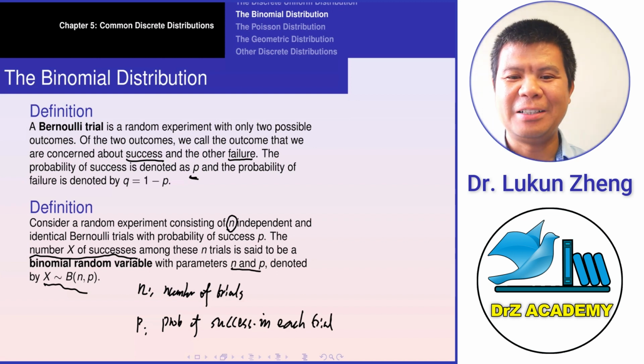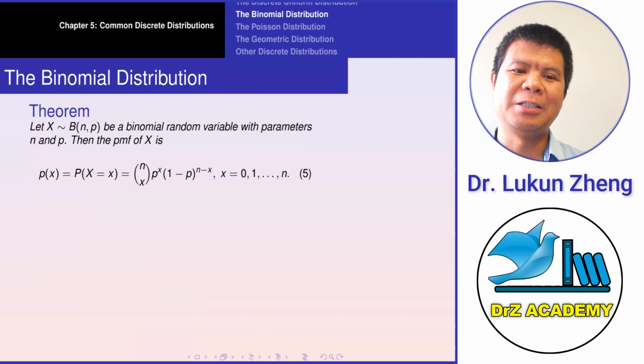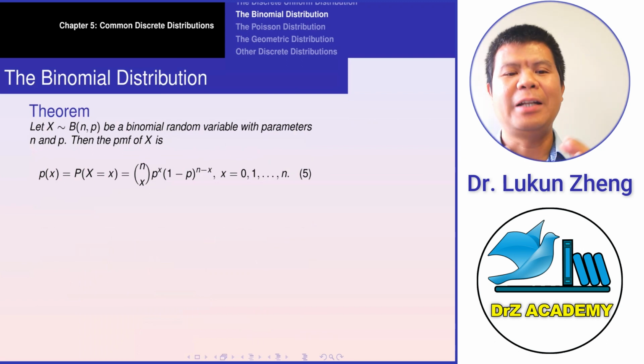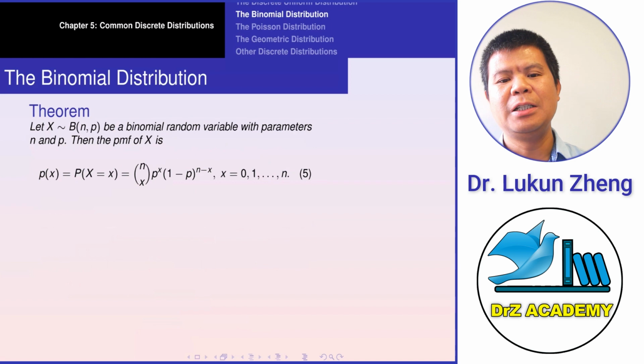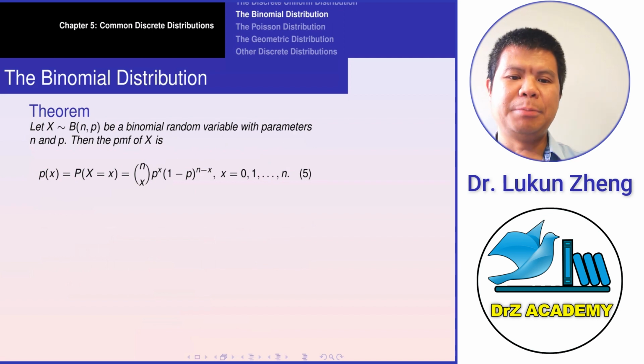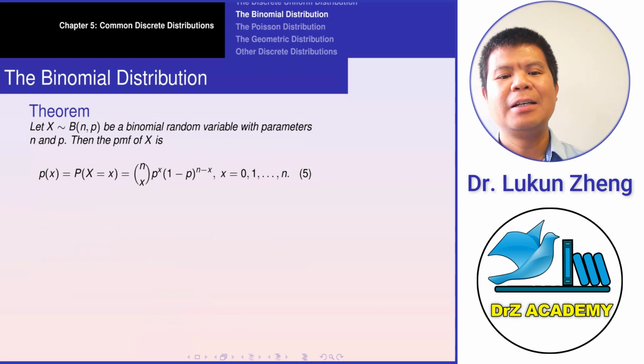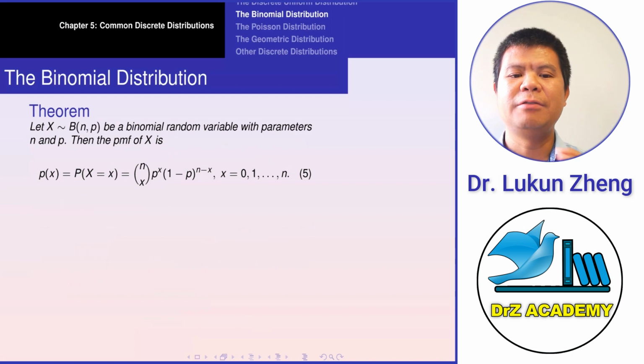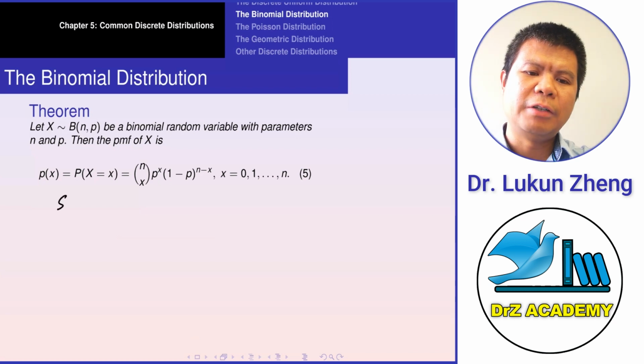Now let's consider this theorem about the binomial distribution. Let X be a binomial random variable with parameters n and p. Then the PMF of X is given below. The support of X is 0, 1, 2, up to n.